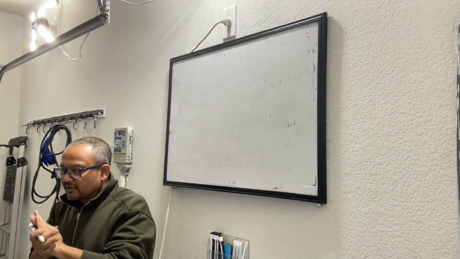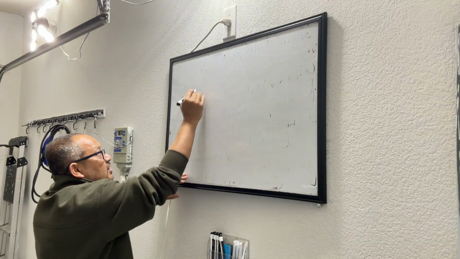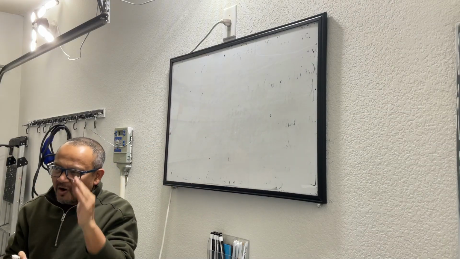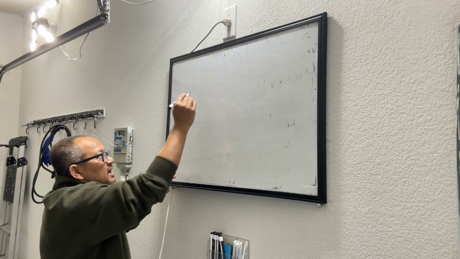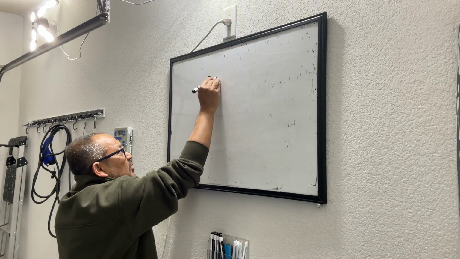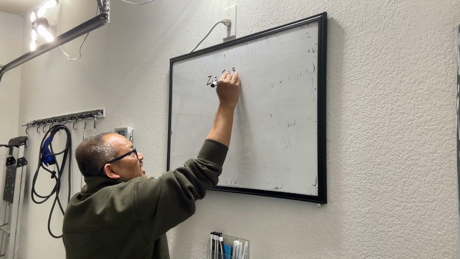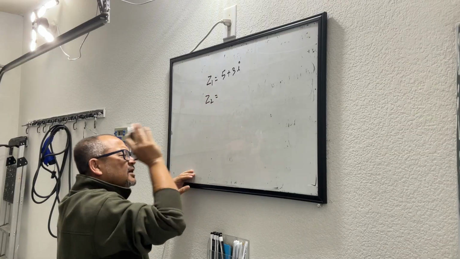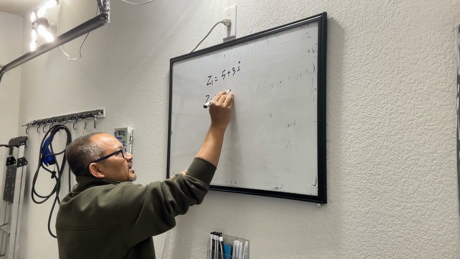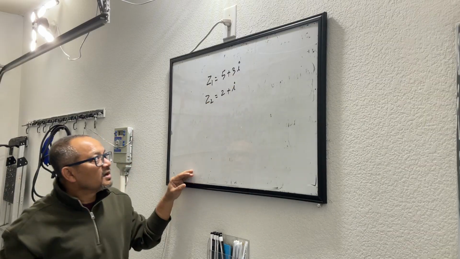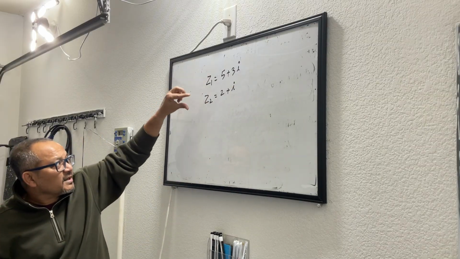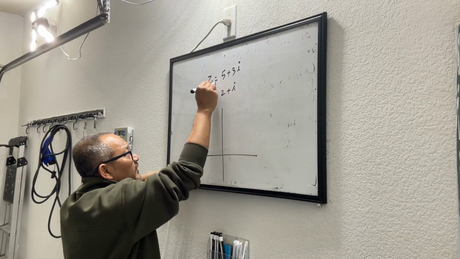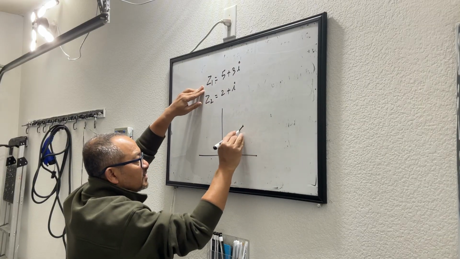Another way to visualize this would be, let's pause the polar form of the complex number for a little bit. If you have a complex number z1 equals 5 plus 3i and you have another complex number 2 plus i, when you are multiplying this complex number by this complex number, you will locate the first complex number, which is, let's say, here.